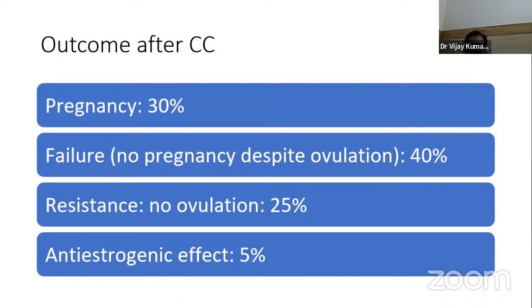It's not the failure rate. The percentage of women who do not ovulate is about 25%. And the commonest drawback with CC, as I told, is the anti-estrogenic effect, which is about 5%.